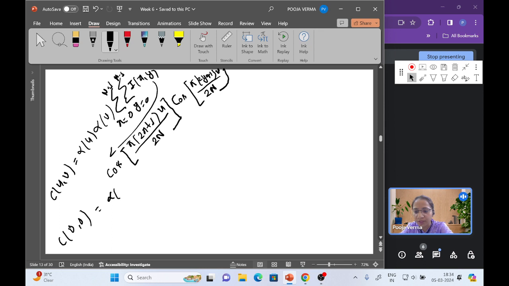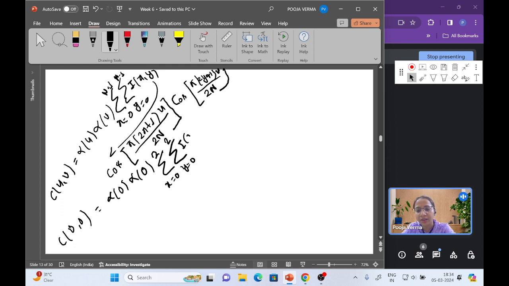So alpha 0, alpha 0, because v is 0 and u is also 0. Summation x varies 0 to n minus 1. Here n is 3, so 3 minus 1 is 2. And y equal to 0 to n minus 1, that is true.